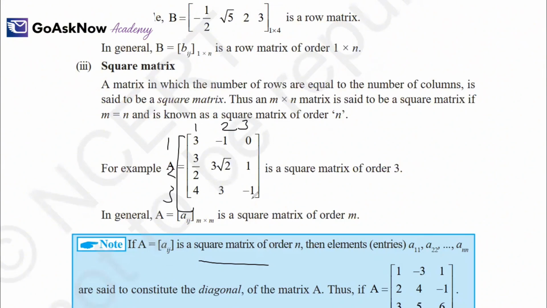So this is the order of 3 cross 3. In general, Aij, m cross m is the square matrix of order m. So if you have written Aij, m cross m, this will represent a square matrix, because it has order of m. We can represent it like that.